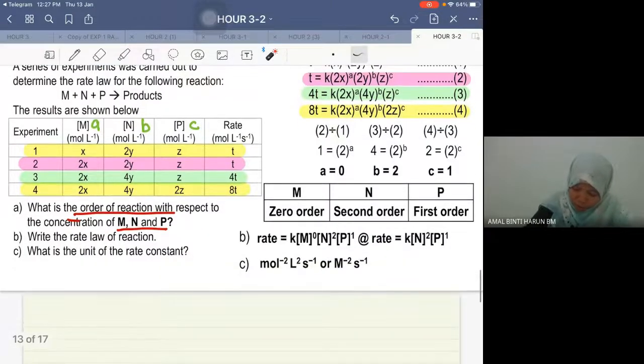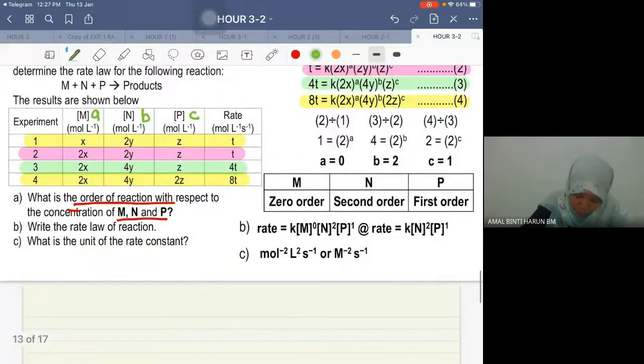Okay, I copy back. I will show just one. Which experiment is this? Experiment 2 divide by experiment 1.